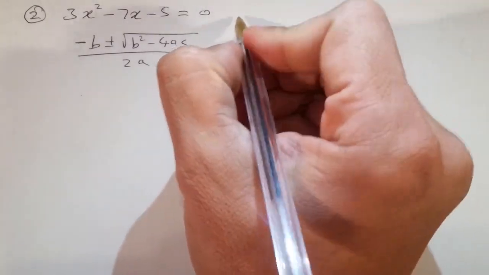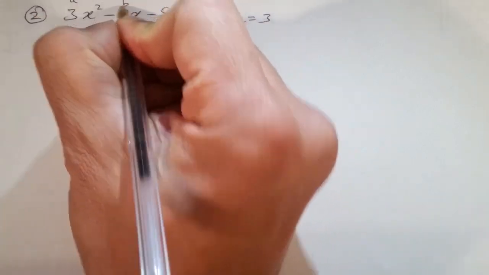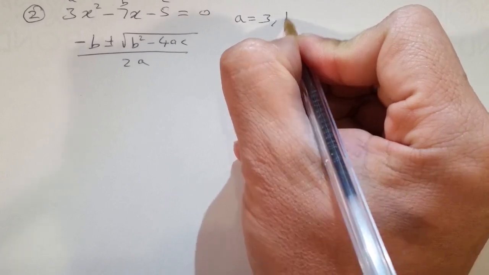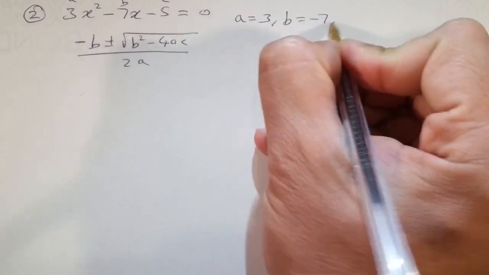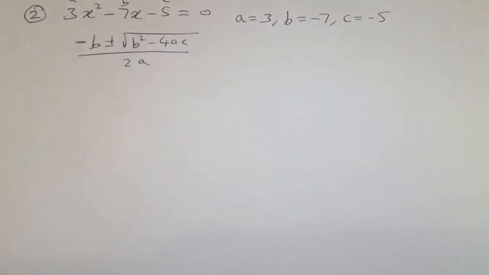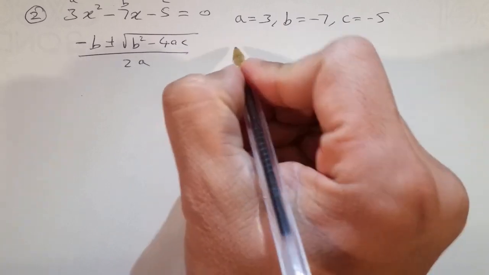So what is our a? Our a is obviously 3. This is our a, this is our b, and this is our c. So write down a is 3, b is minus 7, and c is minus 5. Put them back in the formula. In place of b we put minus 7.